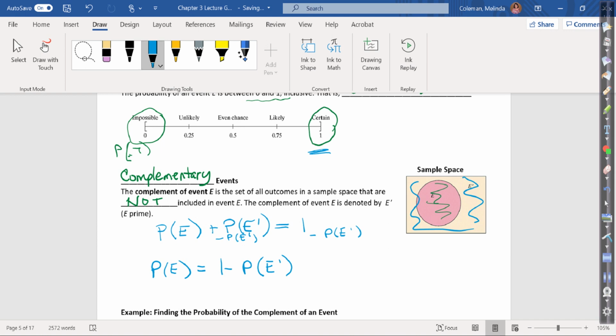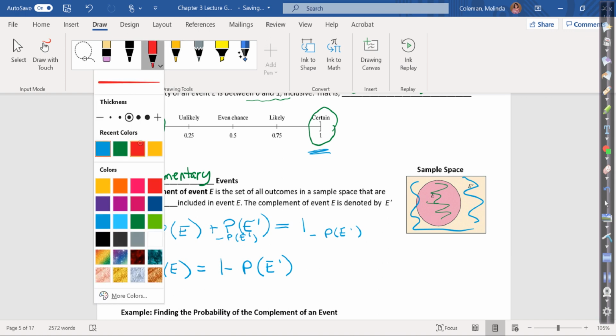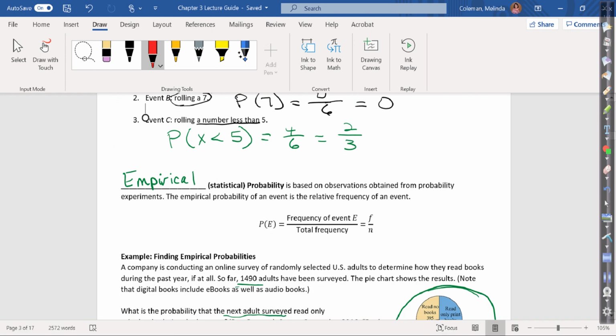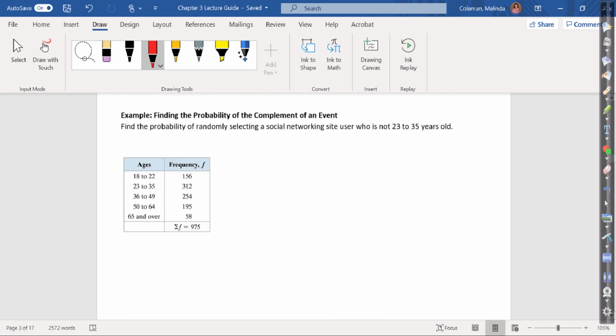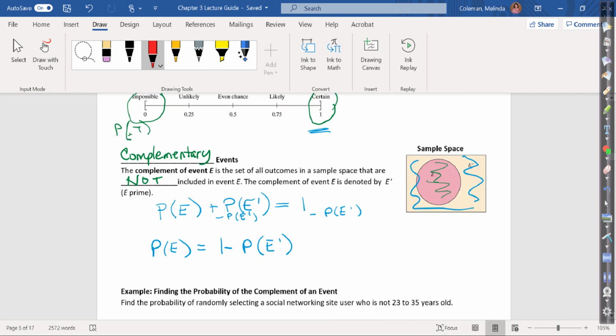Likewise, I could also subtract the P of E from both sides.